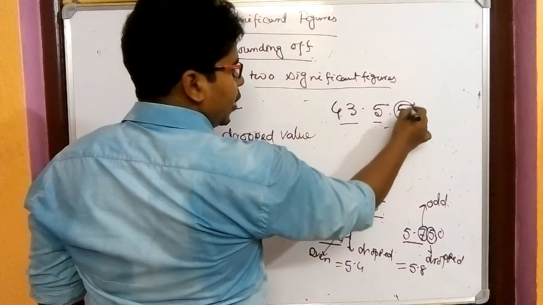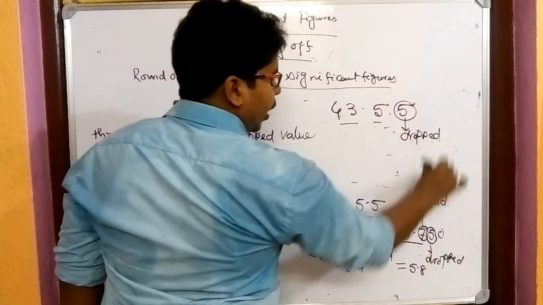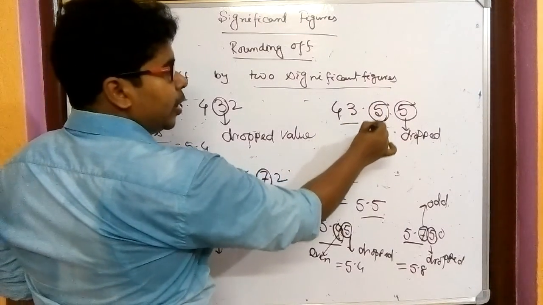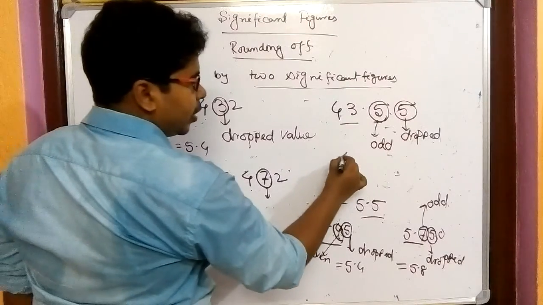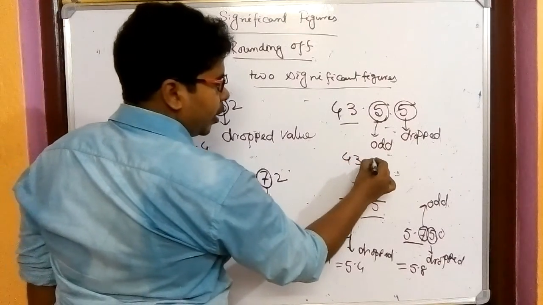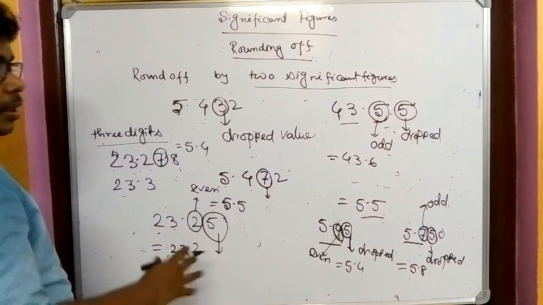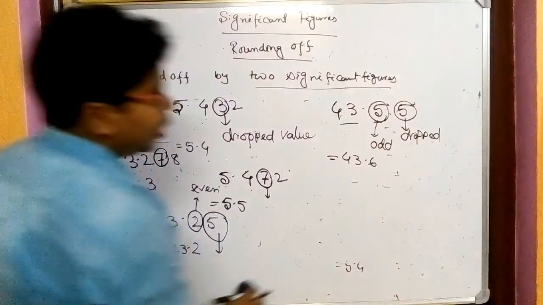This 5 is the dropped value, and before the dropped value the number is 5. Yes, it is odd, and if it is odd it will be increased by 1. 43.6. Now you may ask, sir, the same number is there.